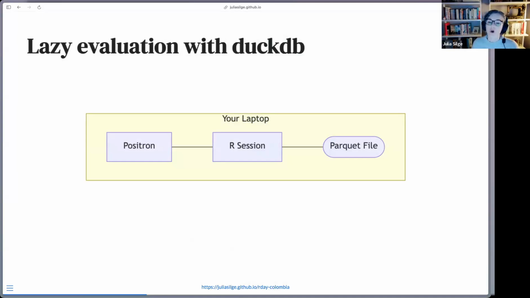Okay, so the first thing we're going to talk about is lazy evaluation with DuckDB. If you look at this diagram, it looks almost the same, right? Instead of having a CSV file over there, we have a Parquet file. So this is a pretty easy switch. We just go from having a CSV file on our laptop that we can read and do things with, to a Parquet file.